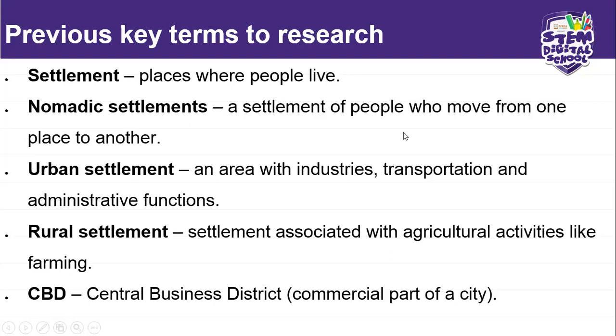And then urban settlement, an area with industries, transportation, and administrative functions. Yes, Chedza, they don't have a fixed position. Yes, that's good. It's correct. Rural settlement, settlement associated with agricultural activities like farming.